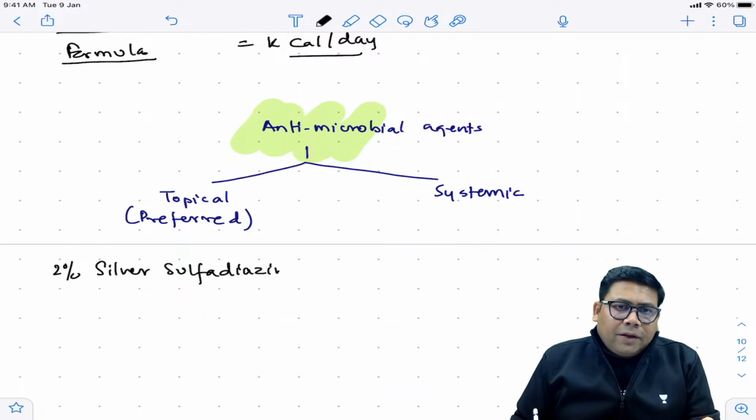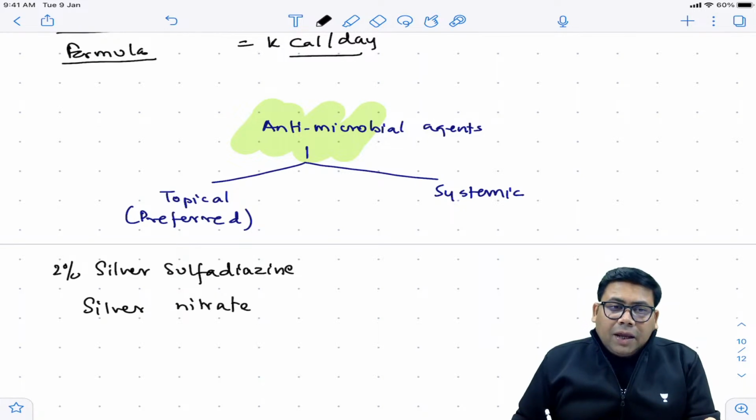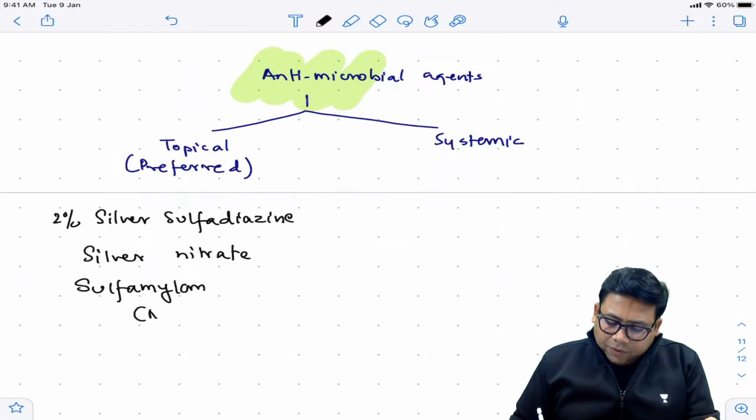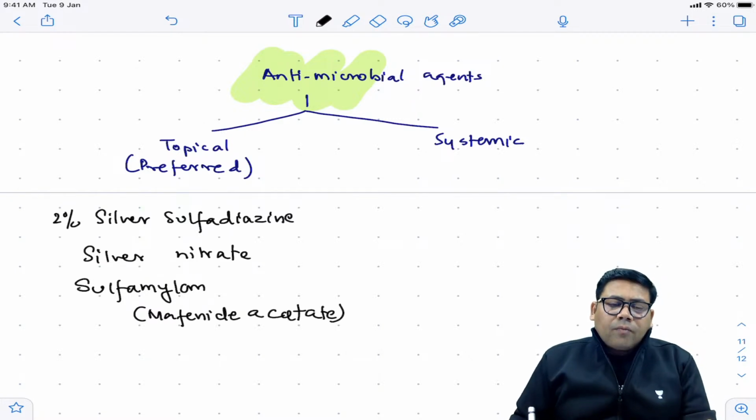This is classically very important. Then we have silver nitrate. Then we have sulfamylon, that is mafenide acetate. They are again very, very important.